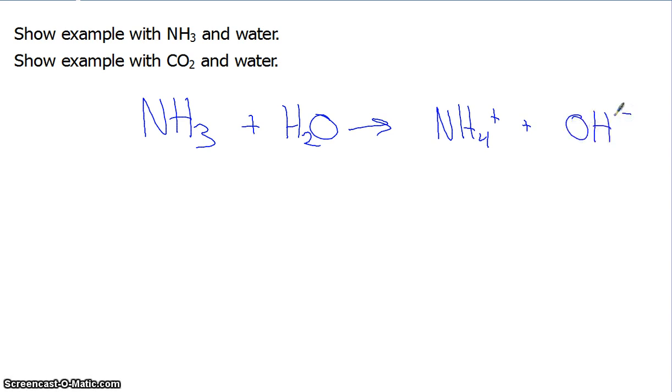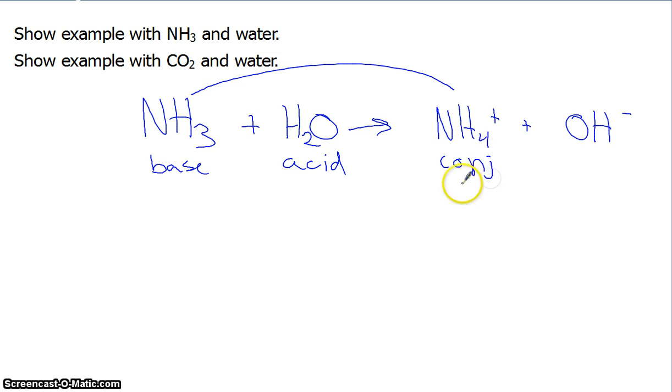In this case, this is our base, this is our acid. The NH3 became NH4 plus, which is now our conjugate acid. And the OH minus, which is what our water became, is now our conjugate base.